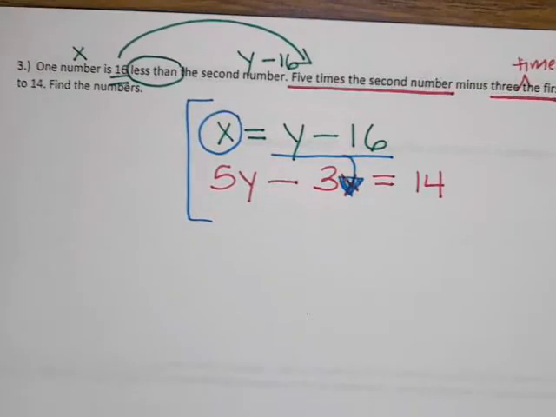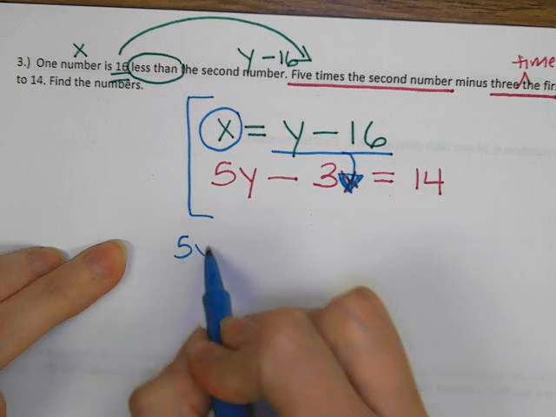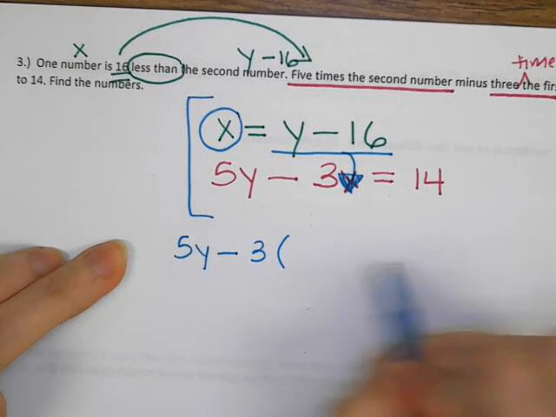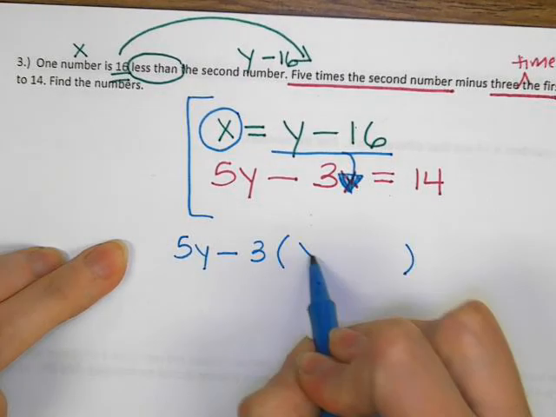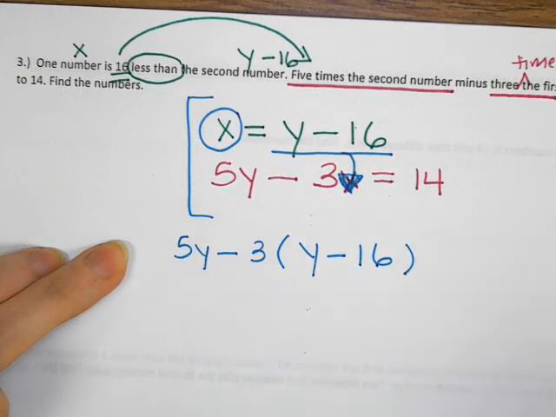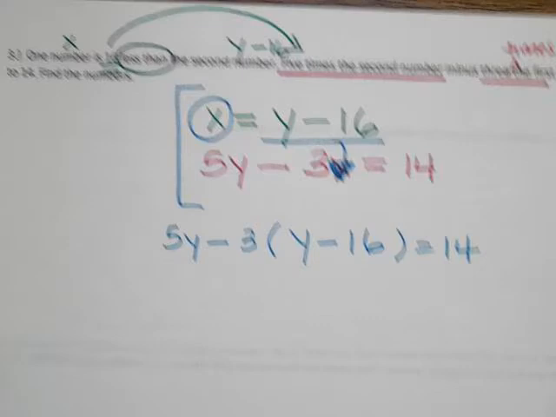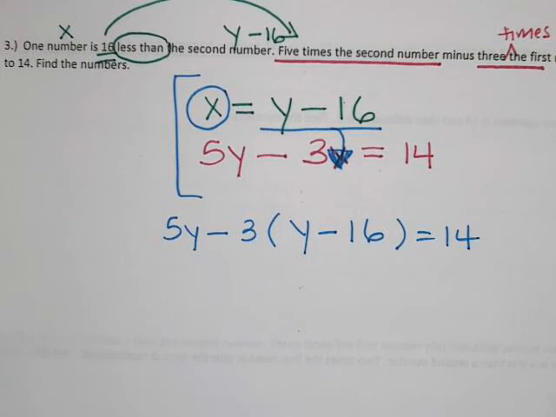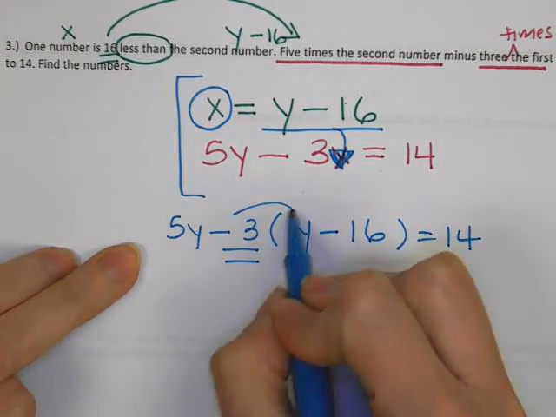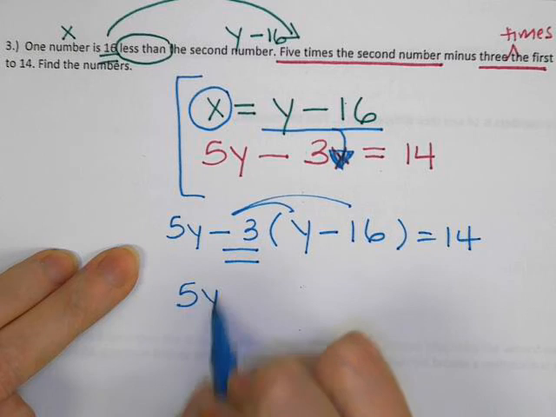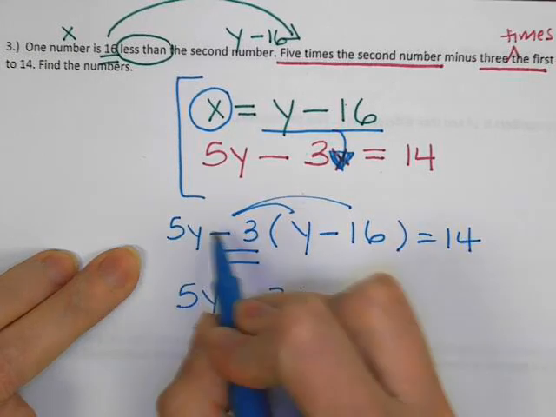All right, so if we solve that, let me move this over here. We've got 5y minus 3 times, we're subbing y minus 16 in for x, equals 14. All right, and then the rest is not too bad. We're going to distribute the negative 3. So it's 5y minus 3y.